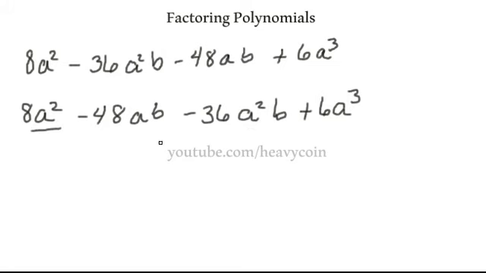Alright, so let's look at these two monomials, two terms here in the polynomial. The largest number that goes into both 8 and 48 is going to be 8. So 8. And of course we can factor out an a. We have two a's here and one a here. So I pull this 8 out and I pulled an a out, and so all we're left with is 1a minus 6b.